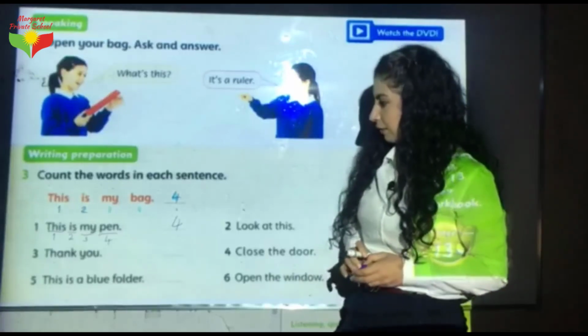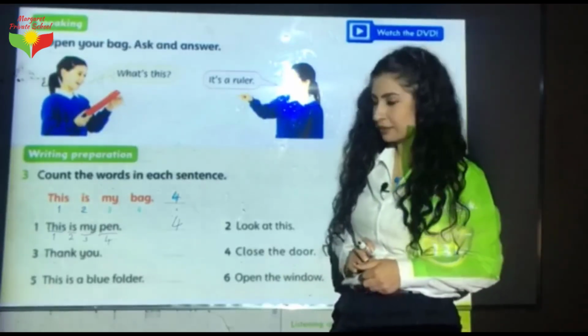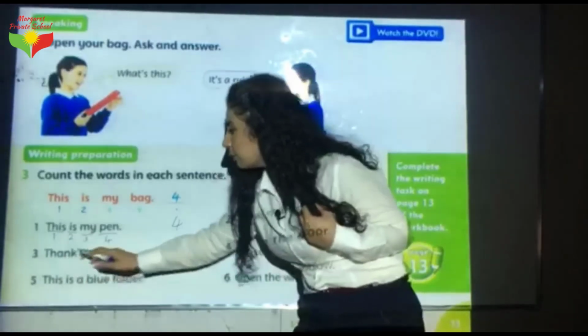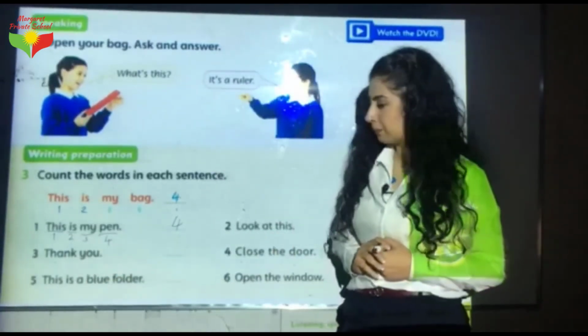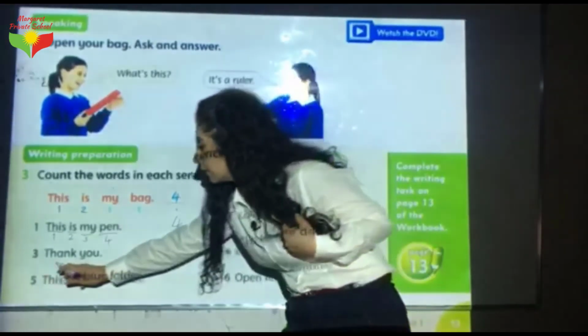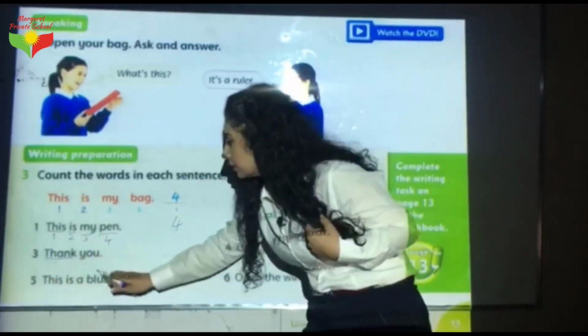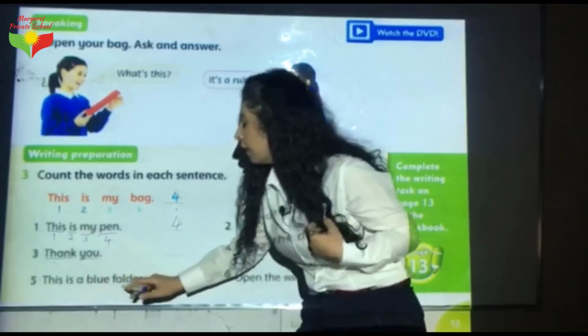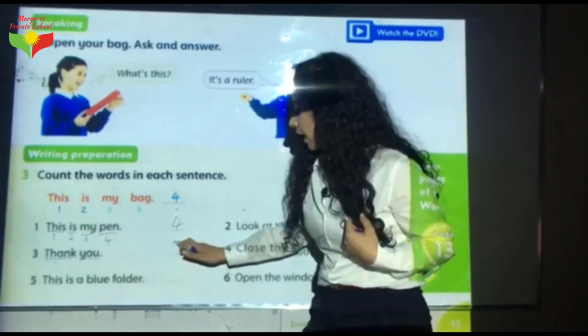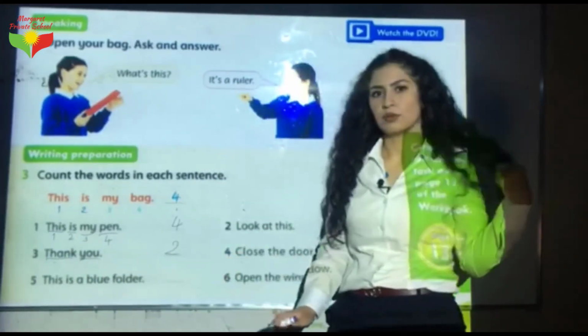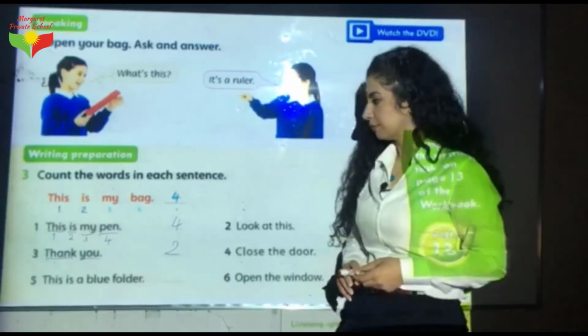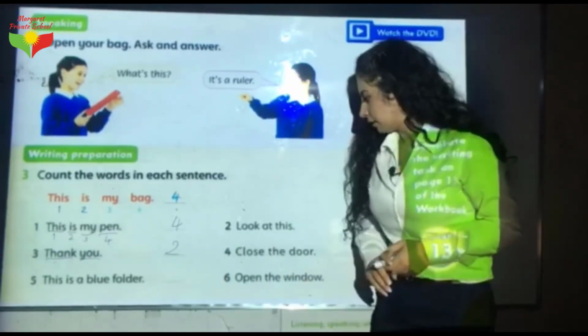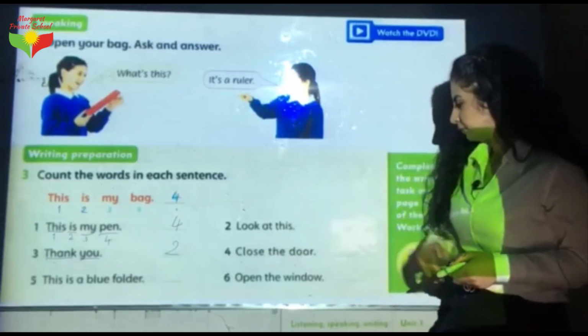Okay. Let's go to the third one. How many words do we have? Okay, look at here. 1 word, 2 word. 1, 2. Okay, so we should write 2. And look at this one.